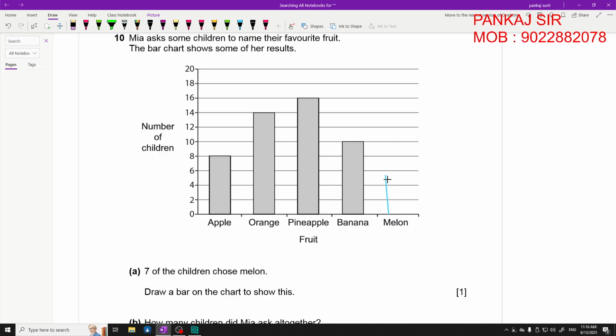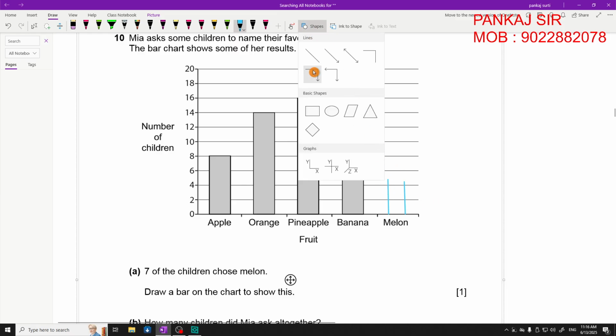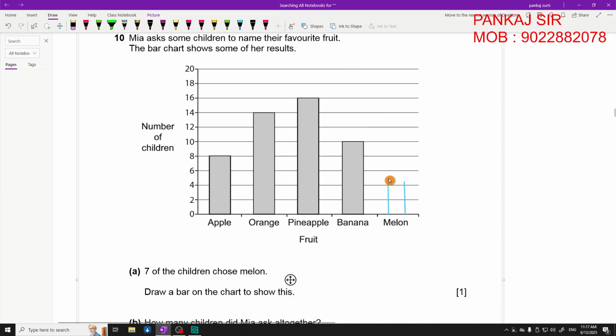I suppose this is 7. And one more line to go this way to make a rectangle. And to complete the rectangle, okay, let me make it. I'm so sorry.